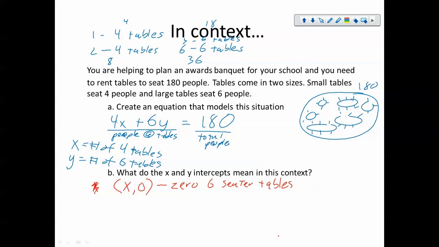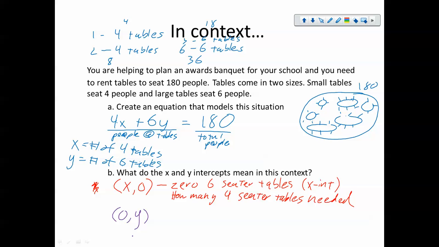Which means that my X-intercept means that I don't have any 6-seater tables. That's how many 4-seater tables I'm going to need to cover 180 people. Because if I'm not taking any 6-seaters, that means I'm going to have all 4-seaters. So that's what that means.